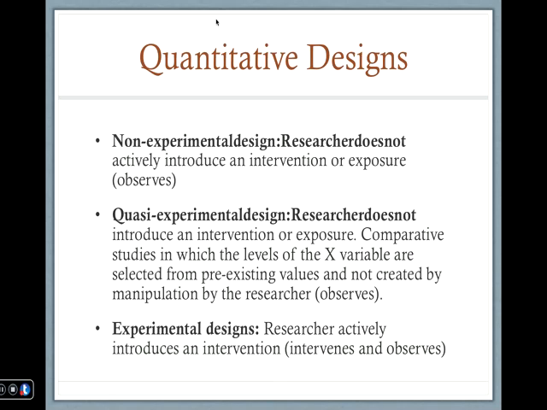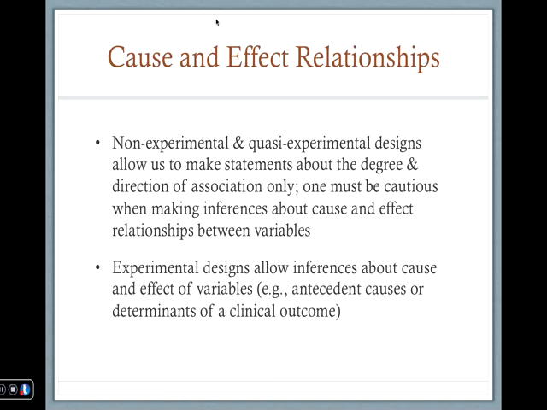We'll talk a little bit about experimental design, quasi-experimental design, and true experimental design. In non- and quasi-experimental designs, the researcher does not actively introduce an intervention or exposure, but just observes. In experimental design, a researcher actively introduces an intervention.